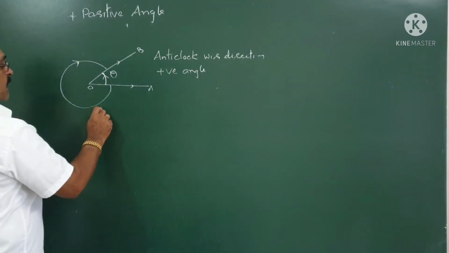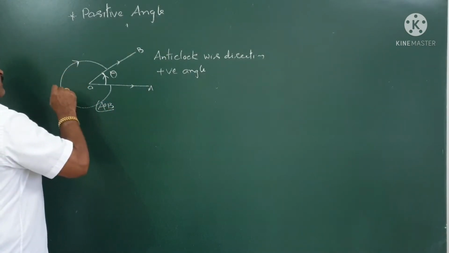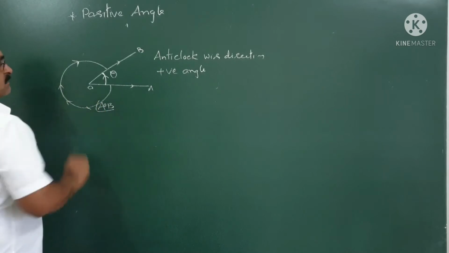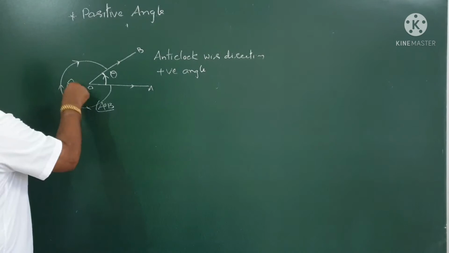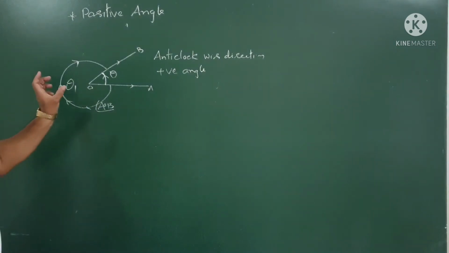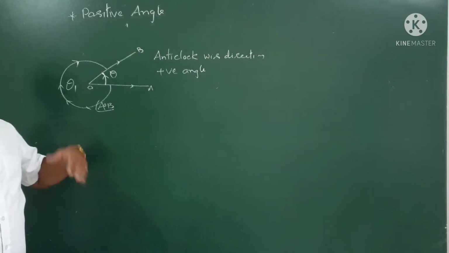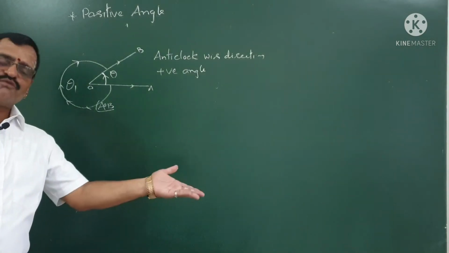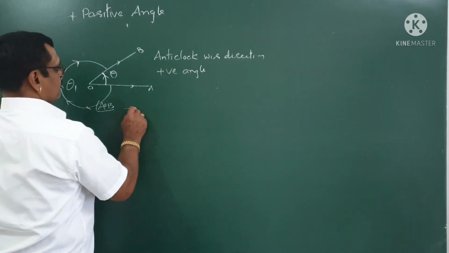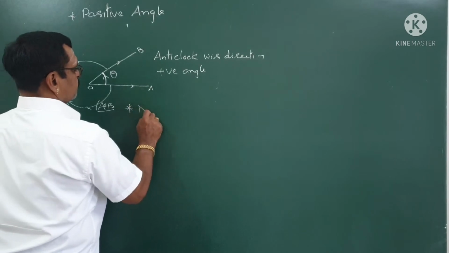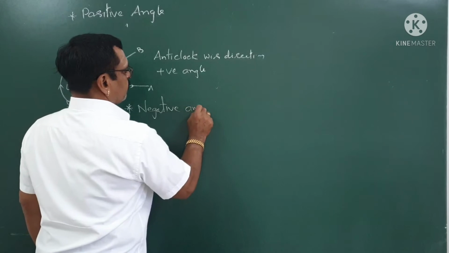This is also angle AOB, but in the clockwise direction, so this angle, say for example theta 1, is called a negative angle. So, when OA rotates to OB in clockwise direction, the angle so formed is called a negative angle.